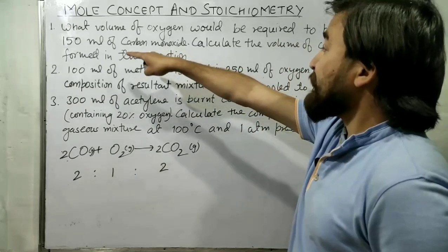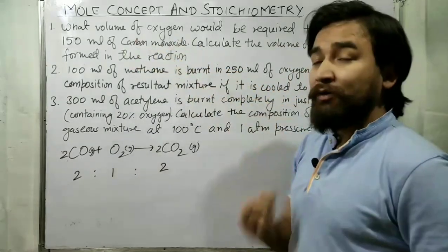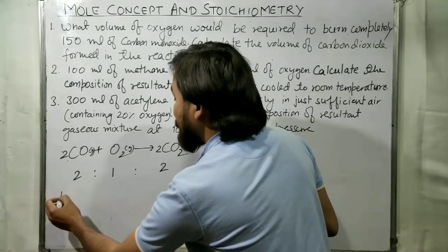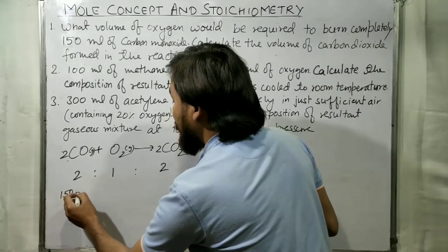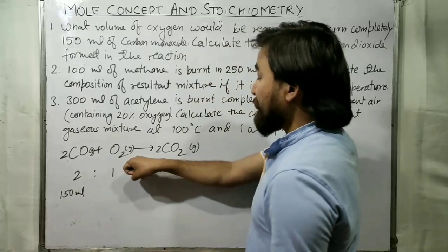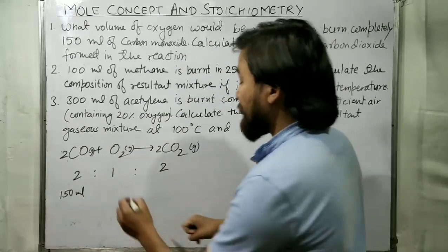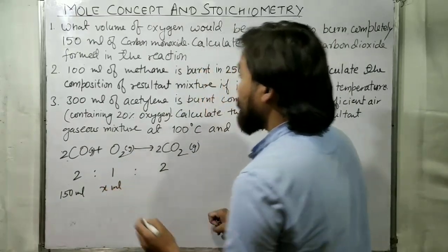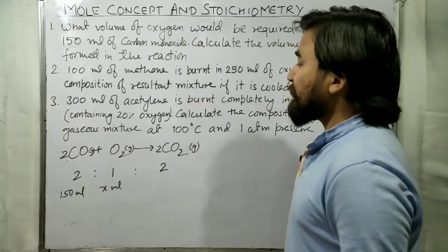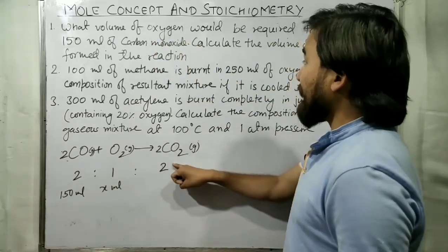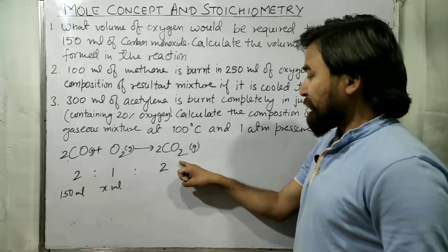Now what does the question say? That the volume of carbon monoxide is 150 ml. So let's say the volume of oxygen, which is not given, is x ml. So we have to calculate the volume of oxygen. Also find the volume of carbon dioxide.